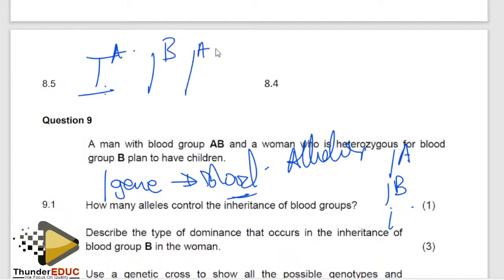Don't put them in italics. Don't write the allele for O like that; we will cross it. I is supposed to be written like that. So allele for A, allele for B, and allele for O: there are three alleles. I don't want to go into the distinction material to show everything.